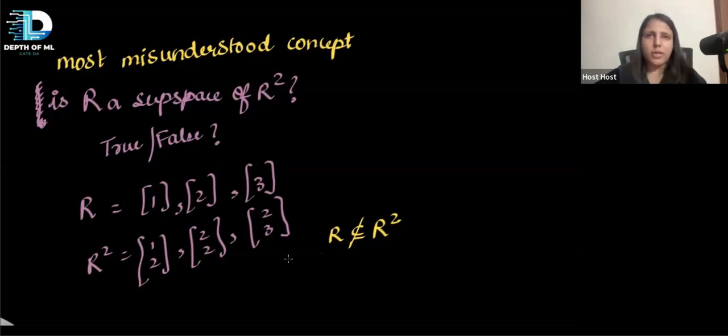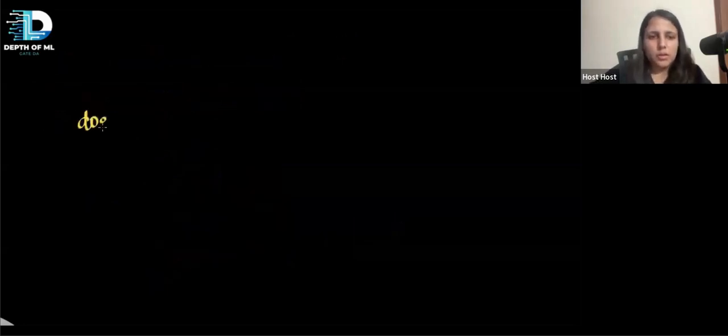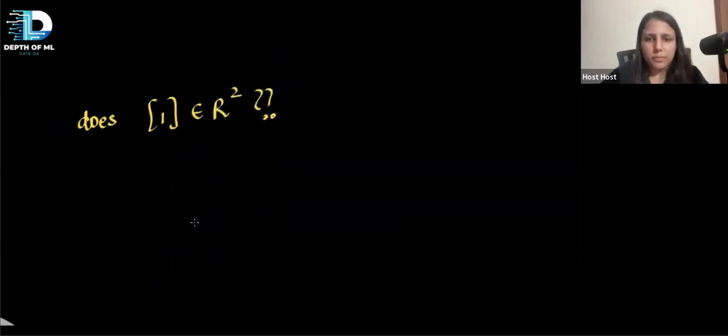I told you already that a subspace is a subset of a vector space, right? So leave away the additive properties, the multiplicative properties, and the closure properties. Just tell me, does this vector belong to R2? Does this vector 1 belong to R2? No, right?